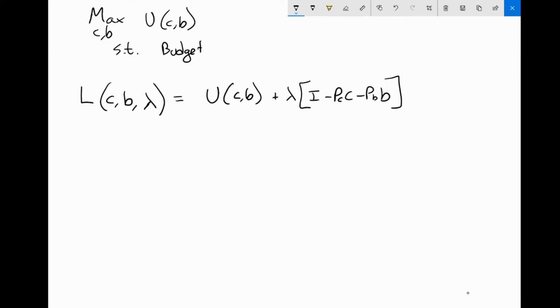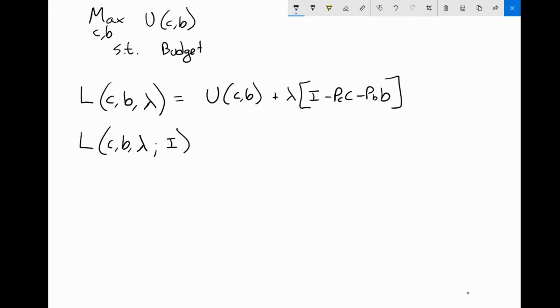Okay, so if I wanted to know how a change in income affects my utility, what I'm first going to realize is that income is a parameter in this function. This is how we usually notate it: the variables are first and they are separated by commas, and then the parameters come after a semicolon.